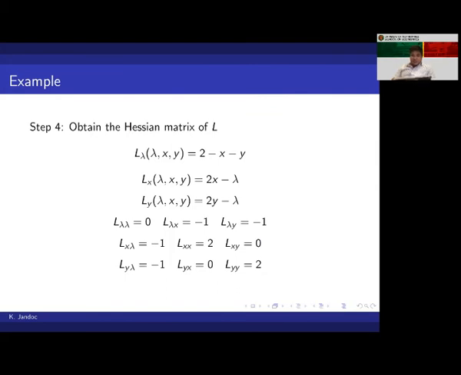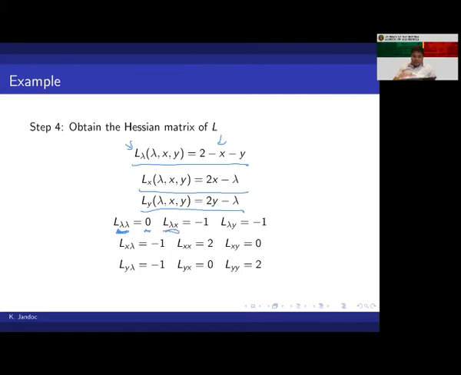What we'll do is find the Hessian matrix of L. Again, the Hessian matrix is just the matrix of second order partial derivatives. So we have the first order partial derivatives that we derived a couple of slides ago. Now L lambda lambda over here is the partial derivative of L lambda with respect to lambda. Since lambda doesn't appear here, it's equal to 0.